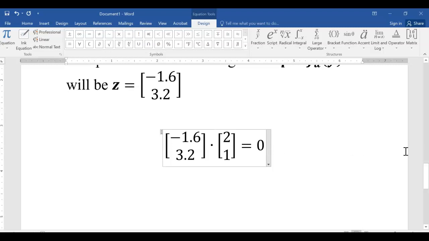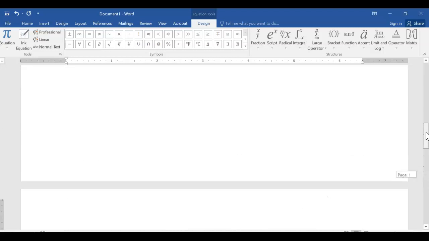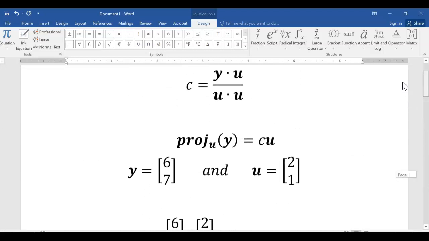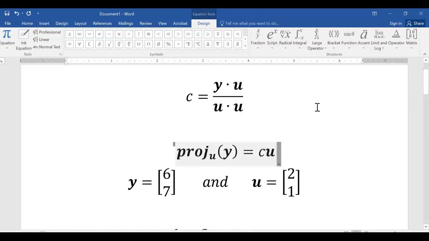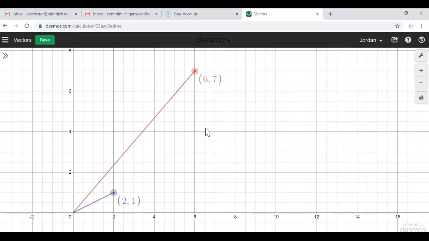Now, let's actually go through this one using this example, and I'll show you what's happening graphically. Graphically, we're trying to project the vector 6, 7 onto 2, 1. If I'm breaking things into orthogonal components, I can't draw a line from the end of 6, 7 to the end of 2, 1 and have it be perpendicular.